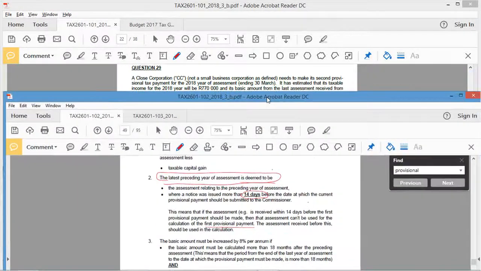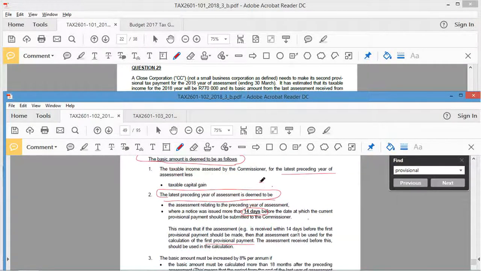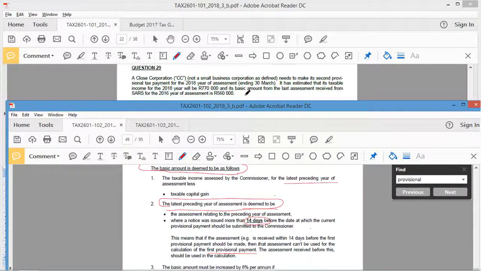But let's just double check that. The taxable income assessed by SARS for the latest preceding year of assessment, less capital gain. So here we've got the estimated taxable income for 2018, and the basic amount from the last assessment received from SARS for the 2016 year of assessment. So 16 would have been 16/17, and then we'd have 17/18.